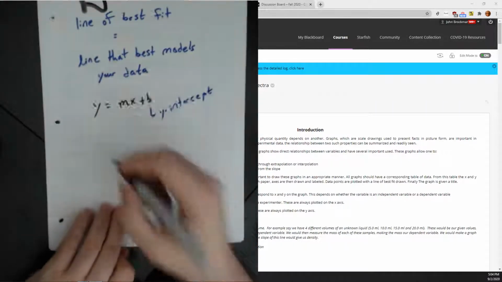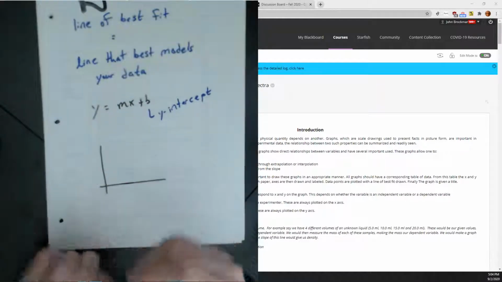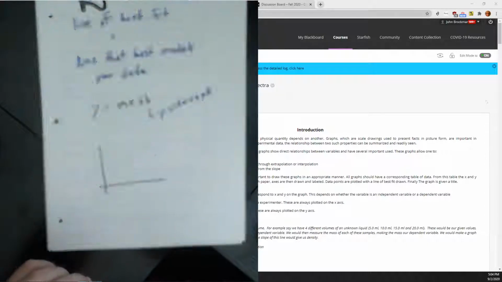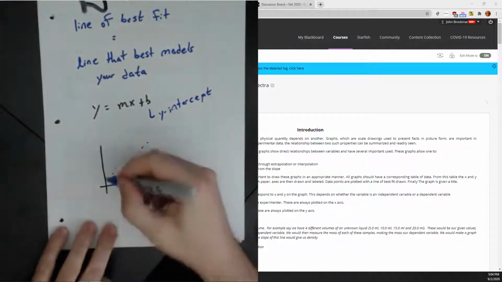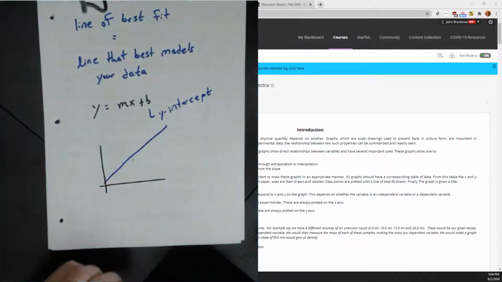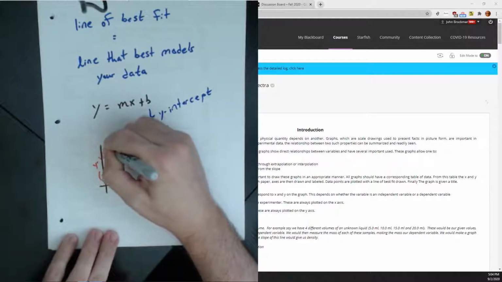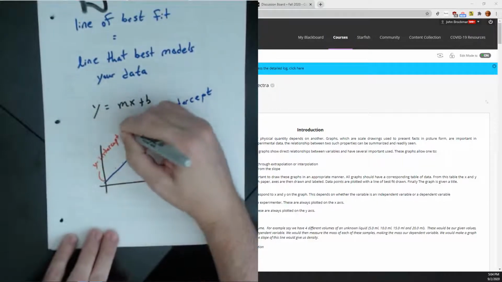So once again, we draw out a graph. We have a selection of data, and then we draw a line of best fit. This right here is the y-intercept, or b.